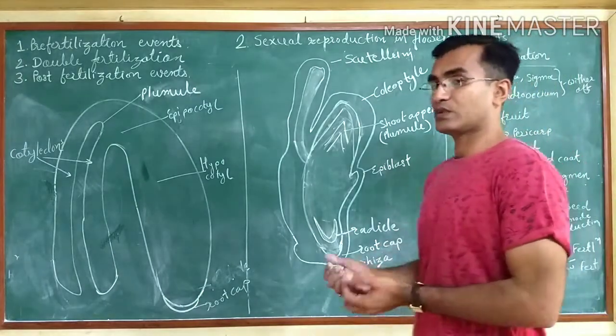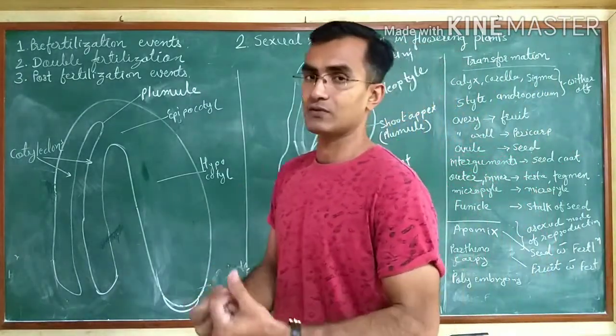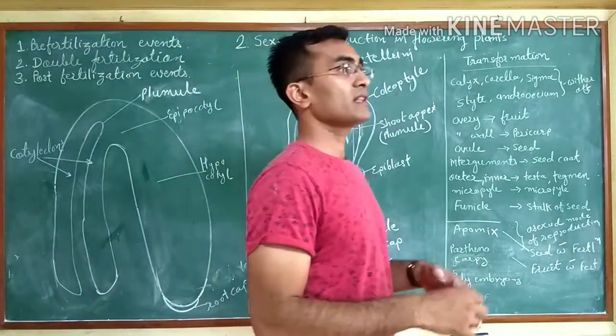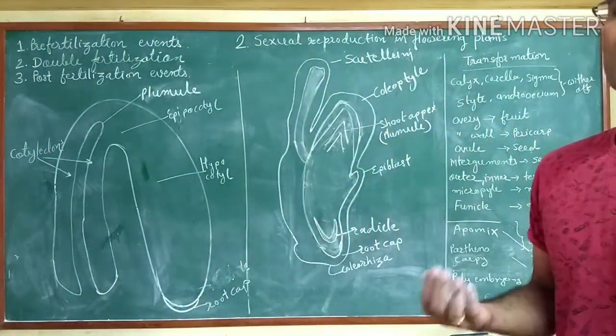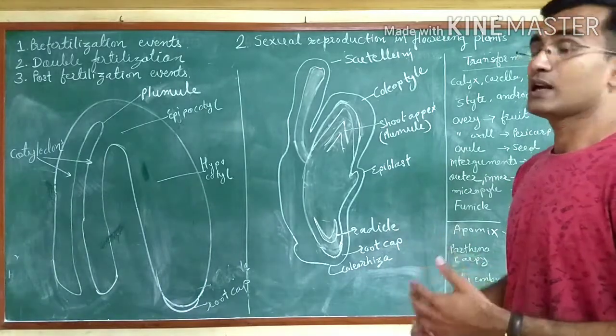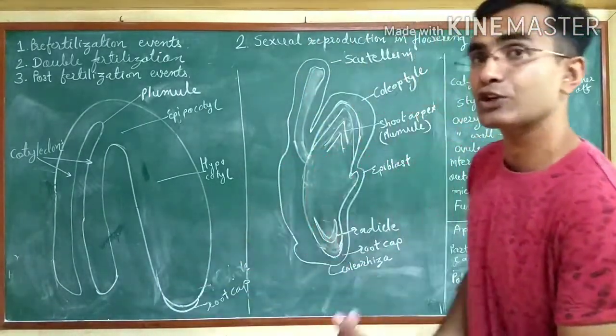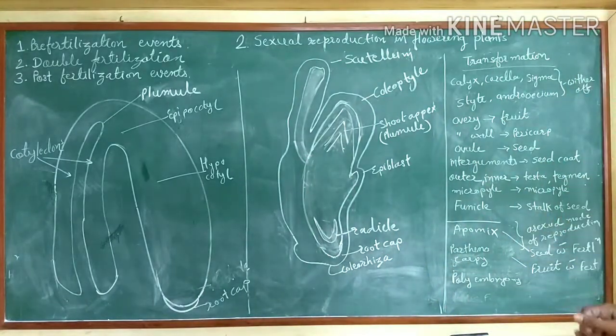Some flowers have one or more integuments. So there is an outer integument and an inner integument. The outer integument will convert into the testa, whereas the inner integument will convert into the tegmen.